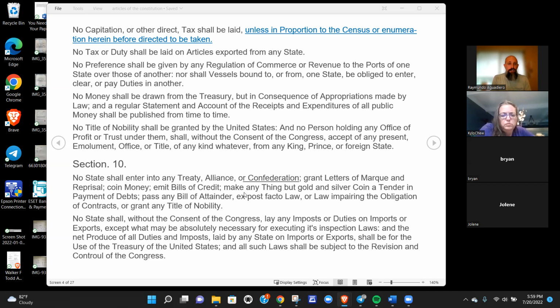No money shall be drawn from the treasury, but in consequence of appropriations made by law, and a regular statement of account of the receipts and expenditures of all public money shall be published from time to time. So we can't just take money out of the treasury. There has to be a bill that's passed.